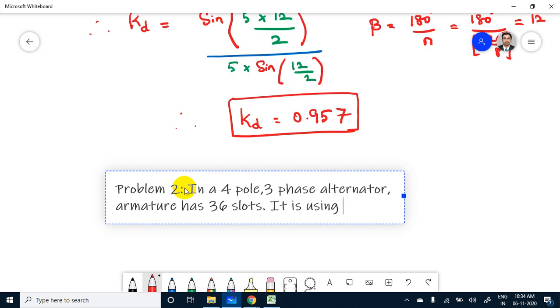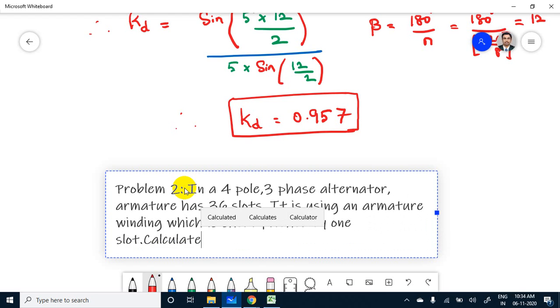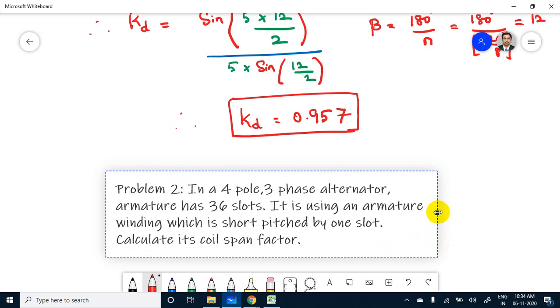It is using an armature winding which is short pitched by 1 slot. Calculate its coil span factor.